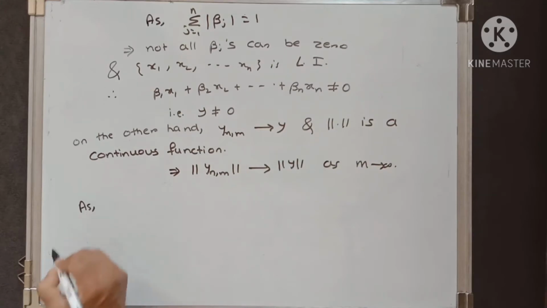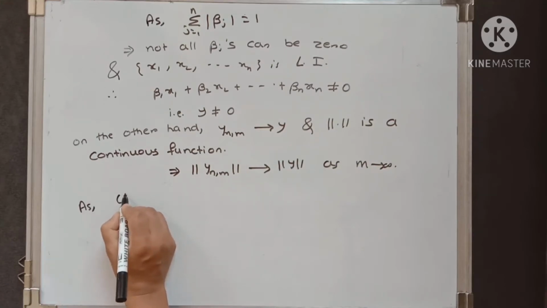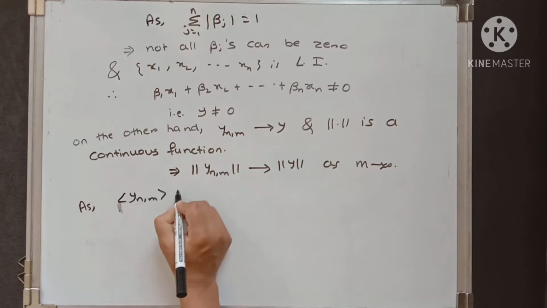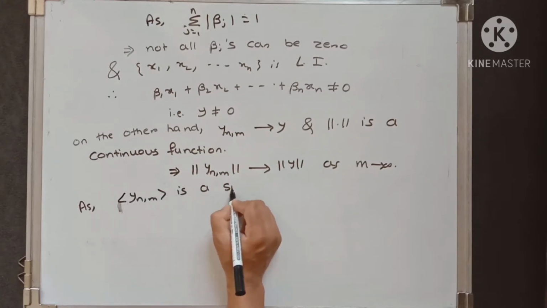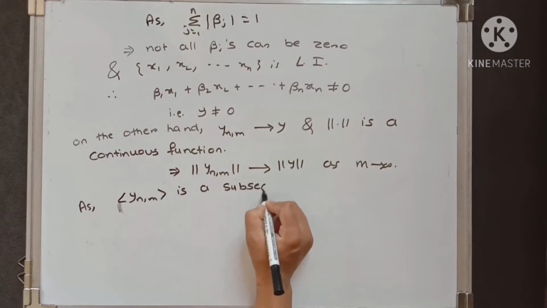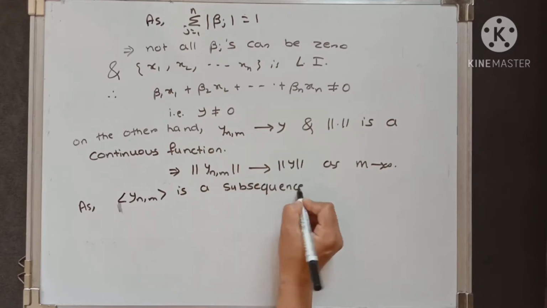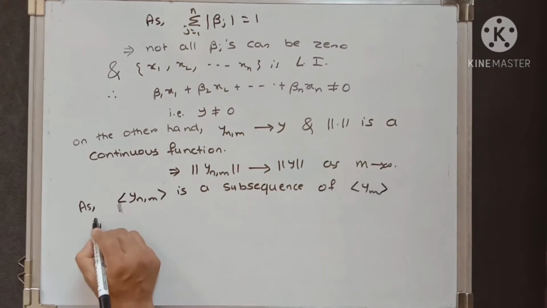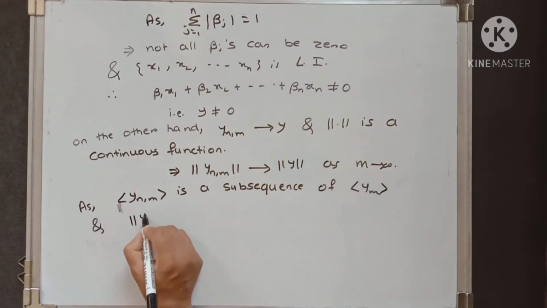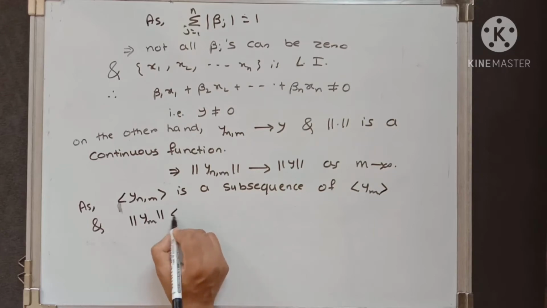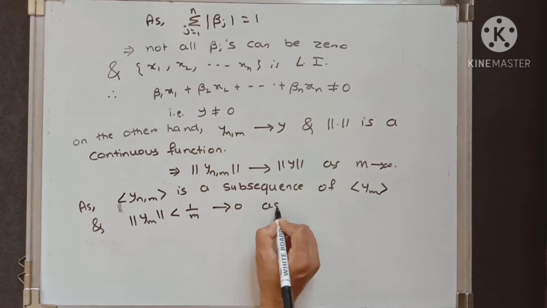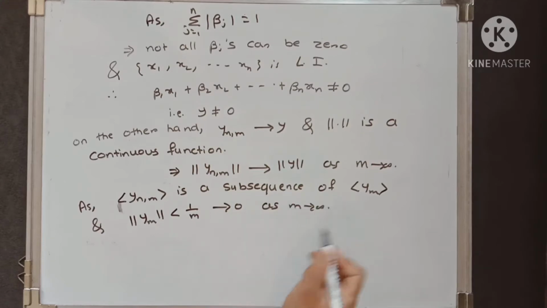As the sequence ynm is a subsequence of the sequence ym, and we get that norm of ym is less than 1 by m, and that goes to 0 as m goes to infinity.